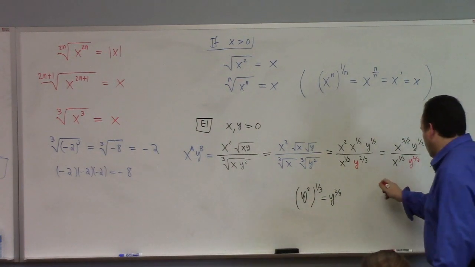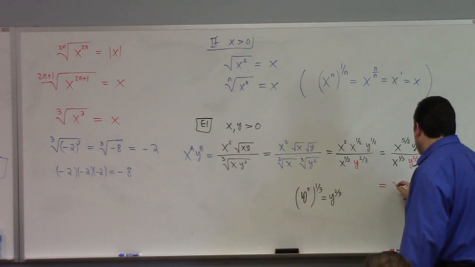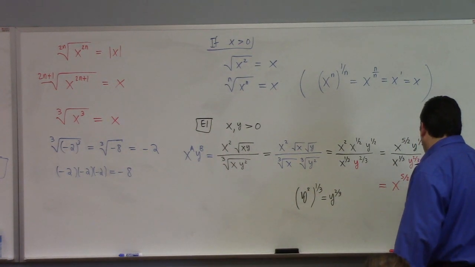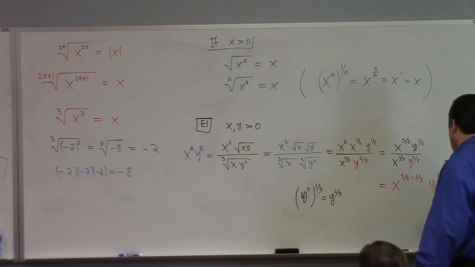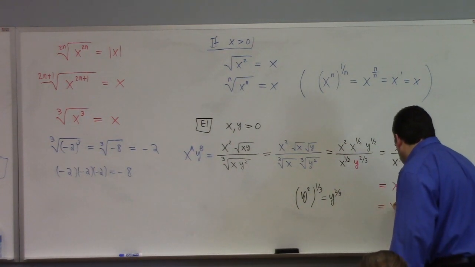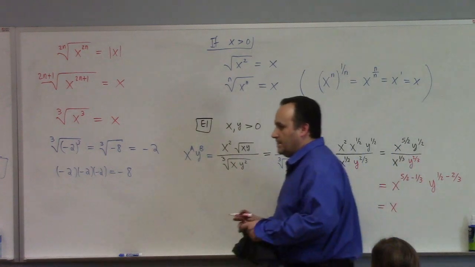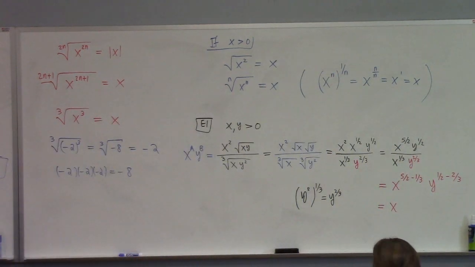And then here, let me just go to the end. So we have x to the what? x to the 5/2 minus 1/3, y to the 1/2 minus 2/3. So that's x to the what and y to the what? You're like, fractions. Ugh.